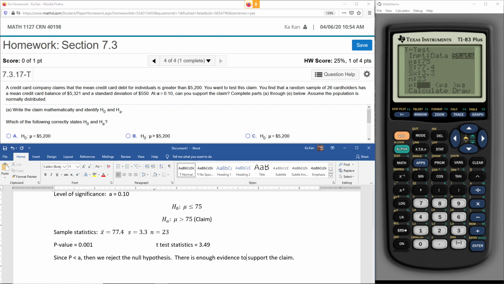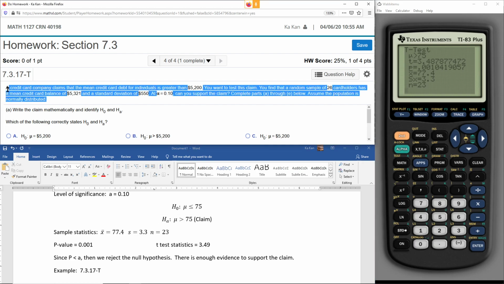So let's see. Now, this is example 7.3.17 T. So for this problem, we have, let me copy that.